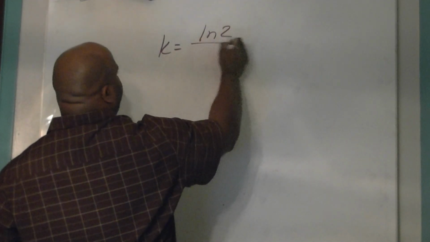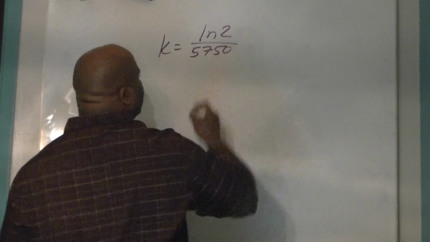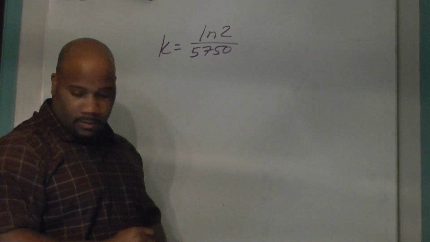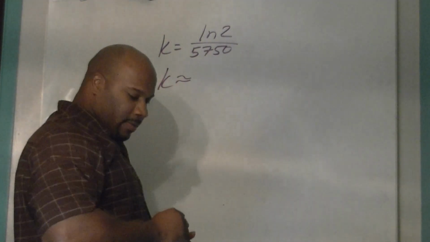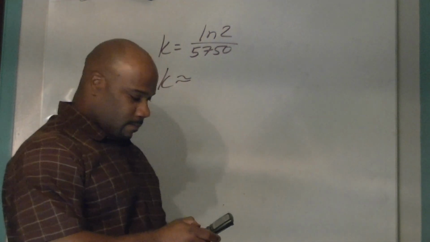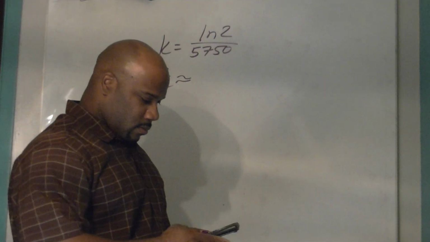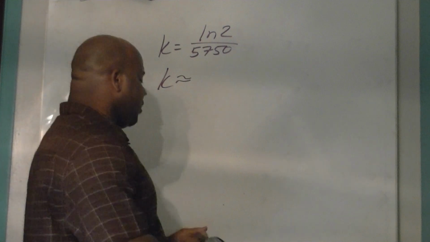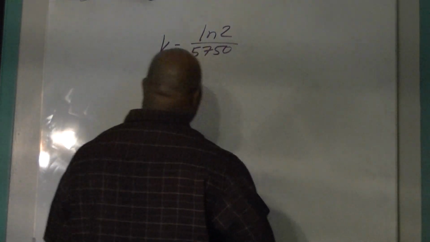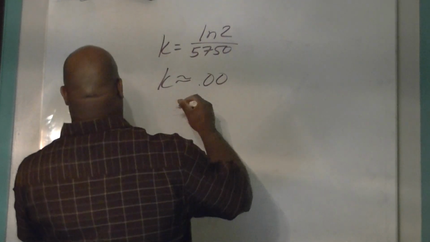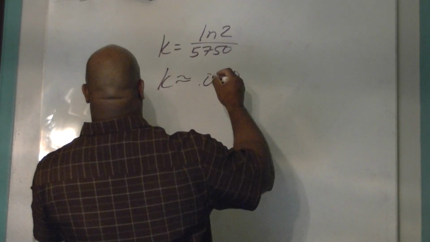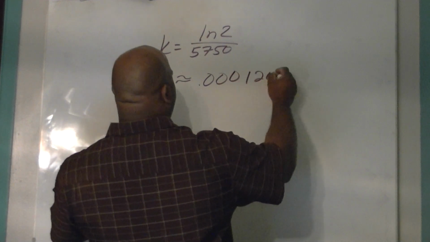And we're talking years here. That's 5,750 years. That's the half-life. Okay? So my K is approximately very small, 0.001205.